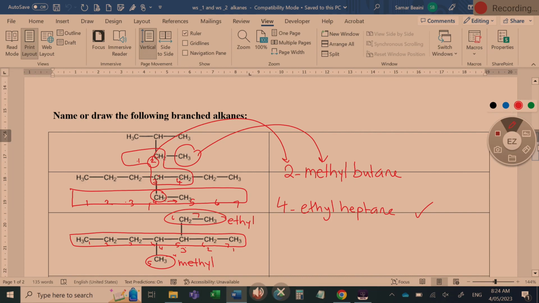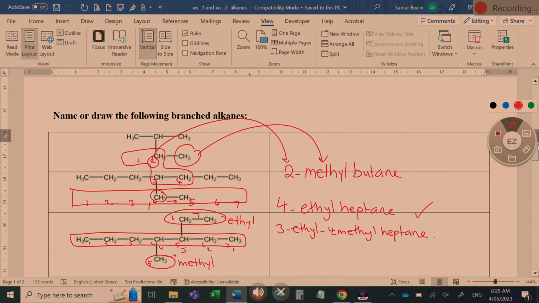So at position 3, what did I have? 3 ethyl. And then 4 methyl. And then I have heptane. Does that make sense?